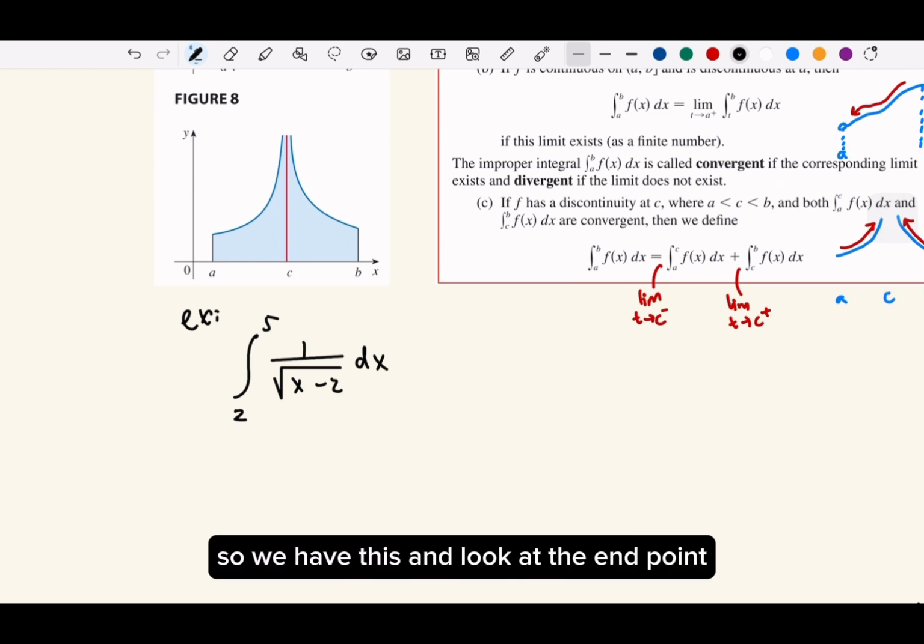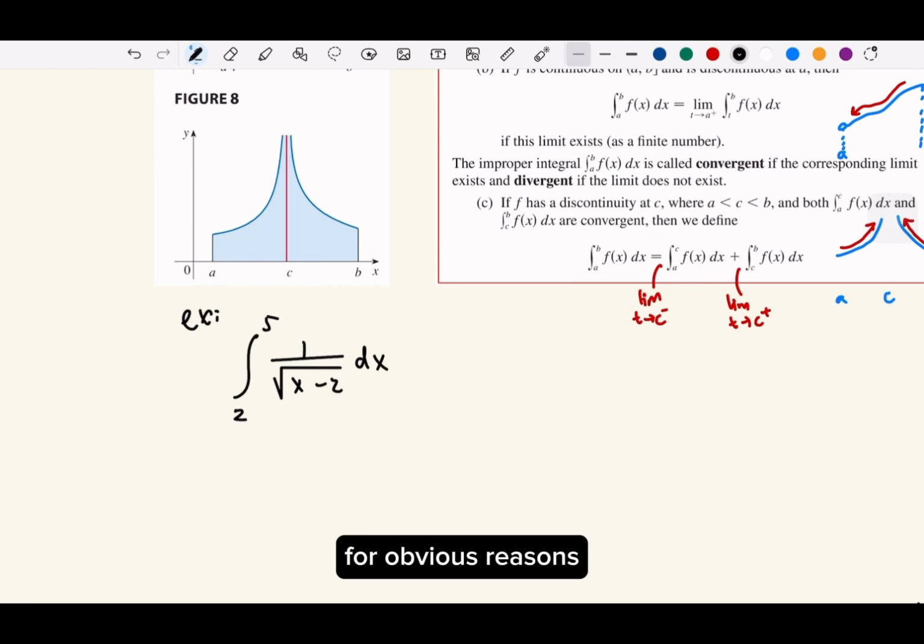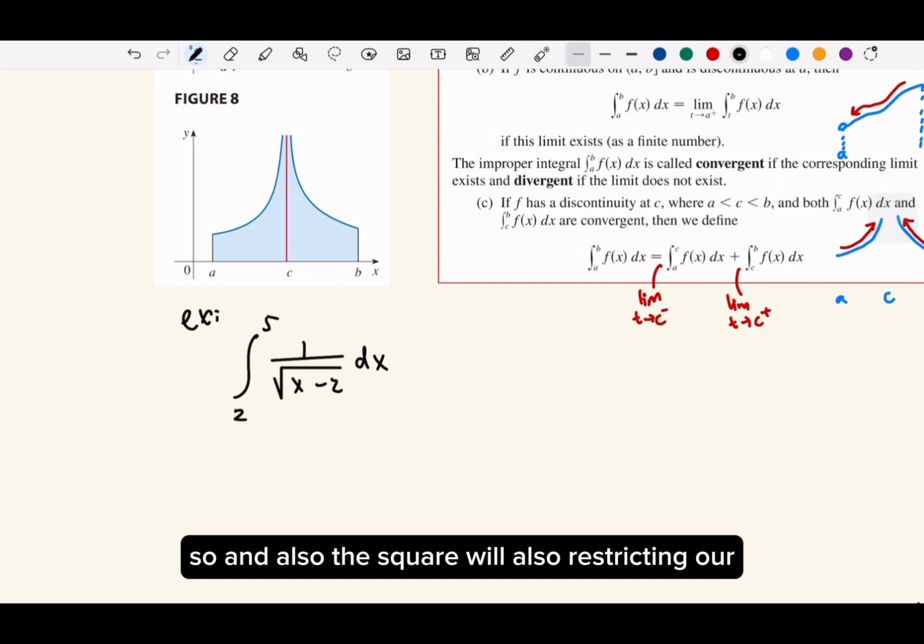So we have this, and look at the endpoint. For obvious reasons, this will be restricting our domain. Right? X should not be equal to 2 at least. Okay. And also the square root is restricting our domain as well.